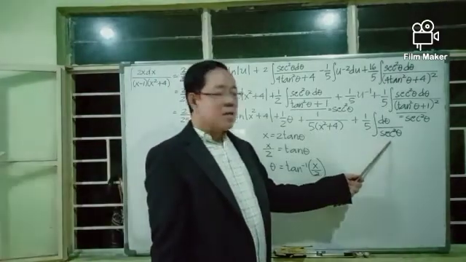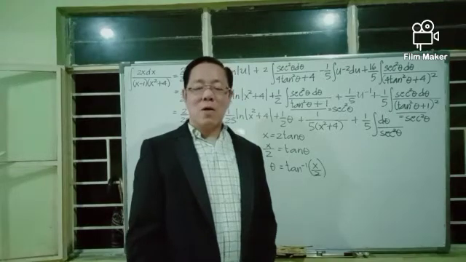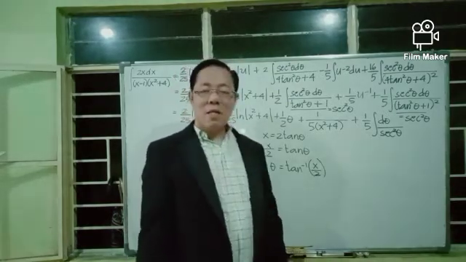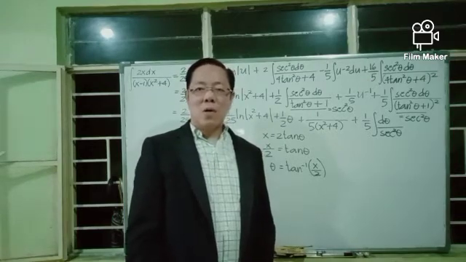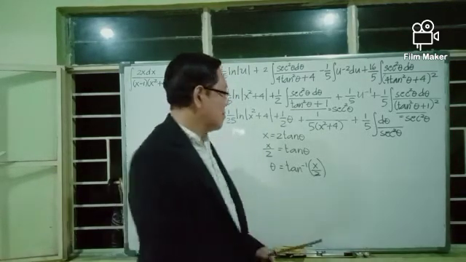Now, secant theta is equal to, by one of the reciprocal relations, secant is the reciprocal of cosine, or secant theta is 1 over cosine.